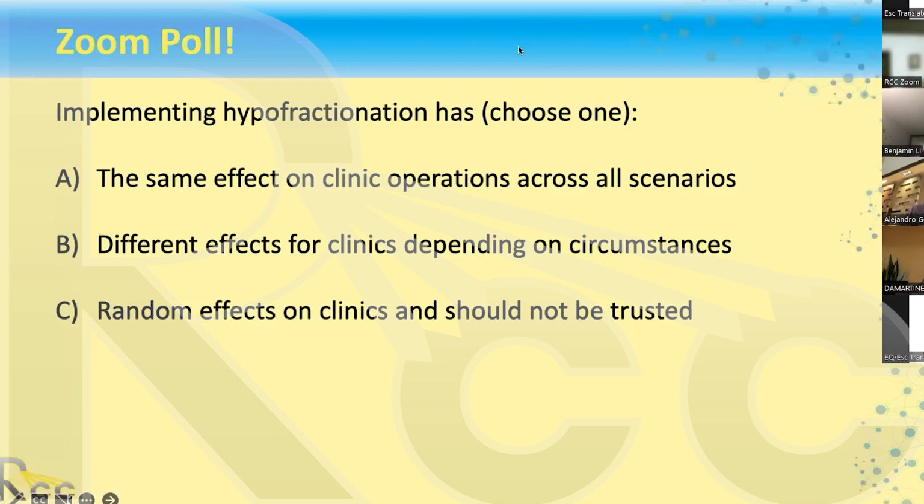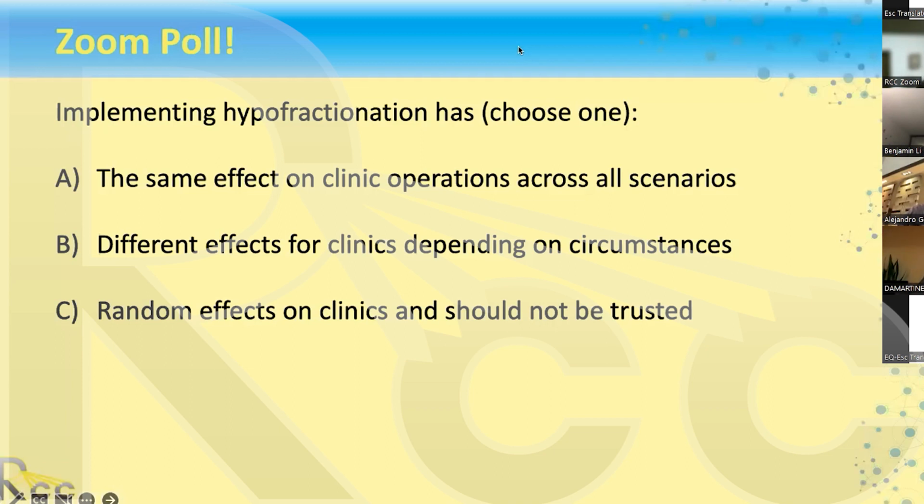So you have the poll on your screen. Please write down your answer. The answers are anonymous, and then we will discuss the right answer. Thank you, Maria, for opening the poll.